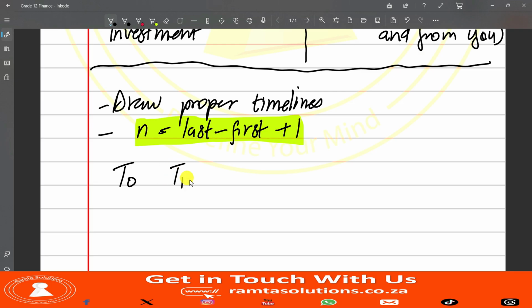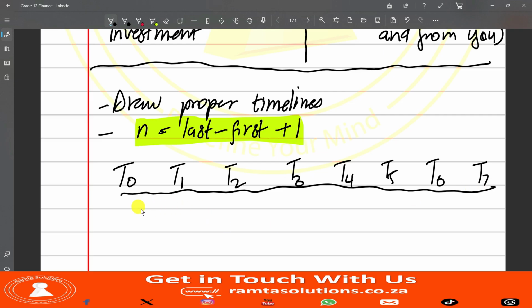Imagine T0, T1, T2, T3, T4, T5, T6, and T7. I want to show you something. You are not making payments at T0 or T1; you make payments at T2, T3, T4, T5.